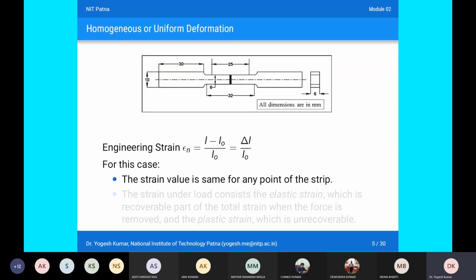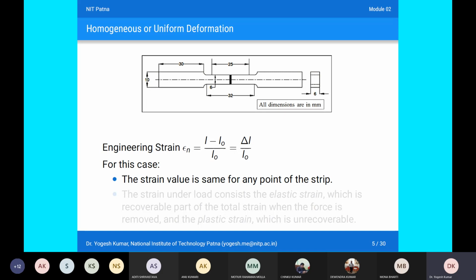what is happening? There is some kind of plastic deformation in your metal strip. Not only plastic deformation, there is elastic deformation also. So when you remove the load from the metal strip, some portion regains its original position.